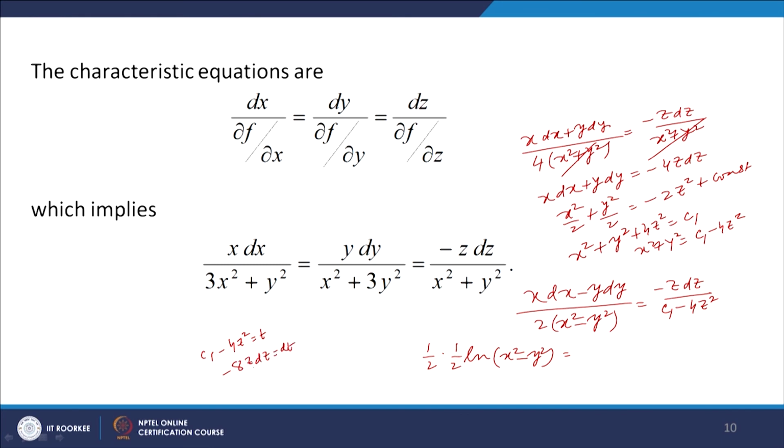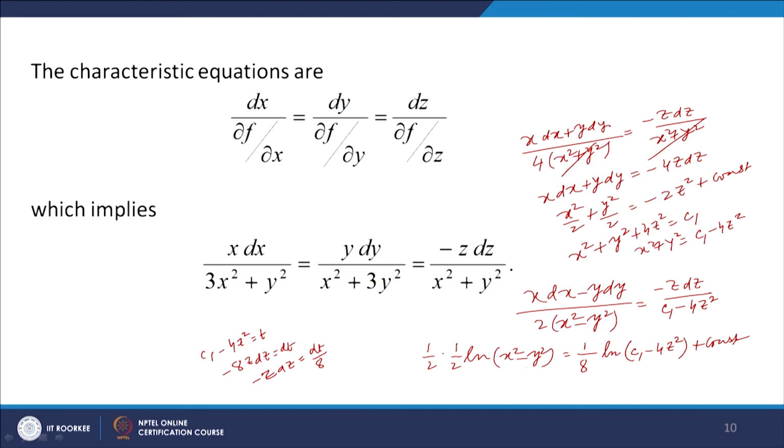So we get z dz as dt by 8, and so we get dt upon t. So this is 1 by 8 ln C1 minus 4z square plus some constant.